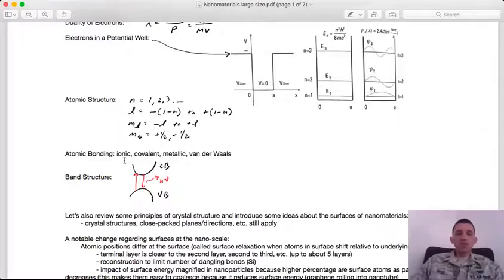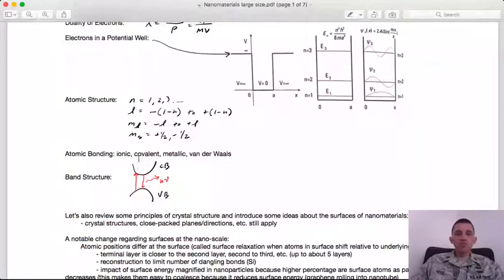So in ionic bonding, that looks like ionic electron transfer from electropositive atoms that don't really want their extra electron to electronegative atoms that really want an extra electron in order to satisfy their valence, in order to have a full electron shell for their outermost electron shell.